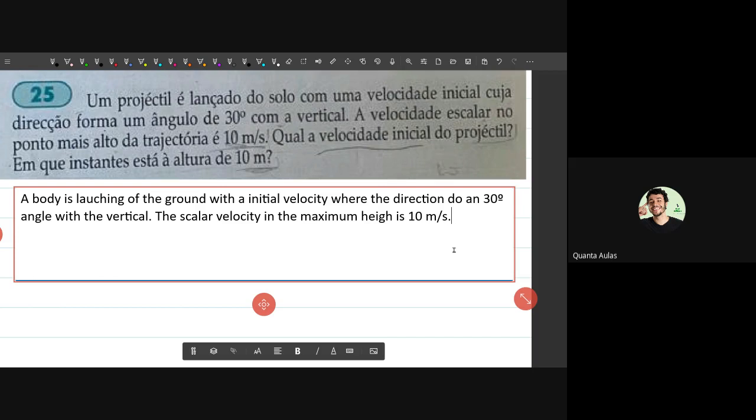What is the initial velocity of the body? Or rather, at which instant is the height 10 meters?